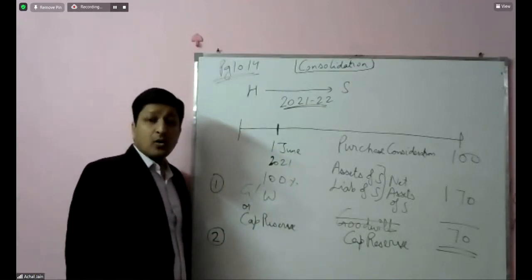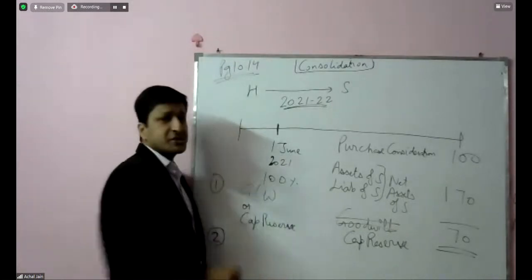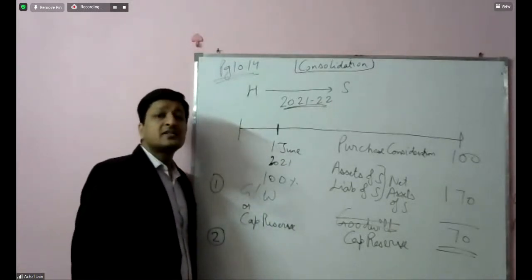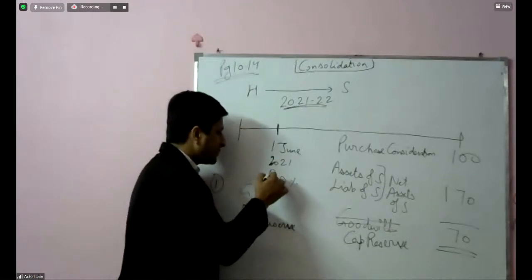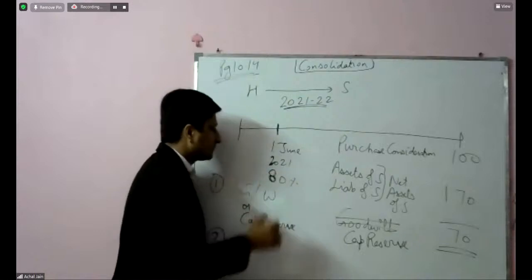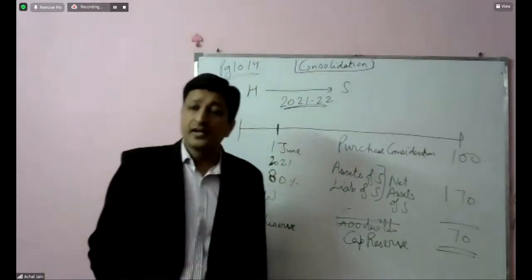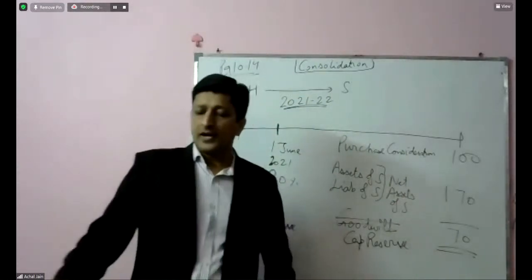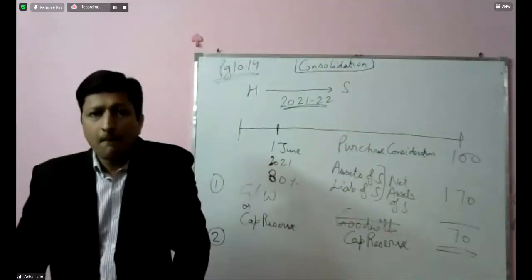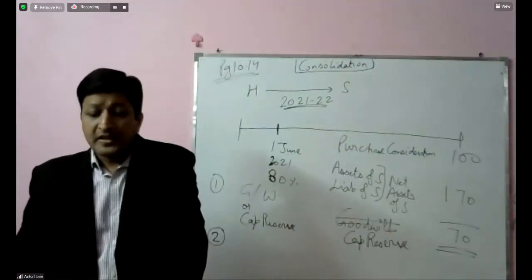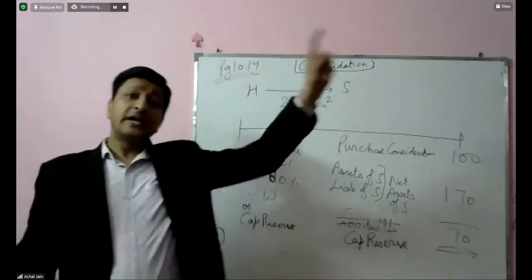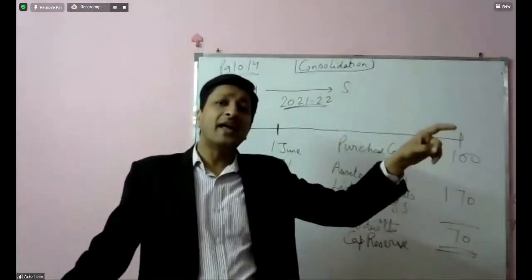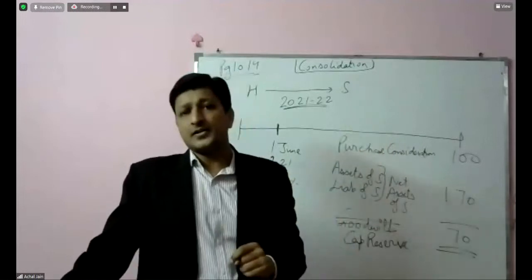Number 2. Currently, we talked about a situation where 100% shares were acquired. Let's suppose instead of 100, 80% shares were acquired. Now in this scenario, what will happen? 20% shares would be held by minority interest.